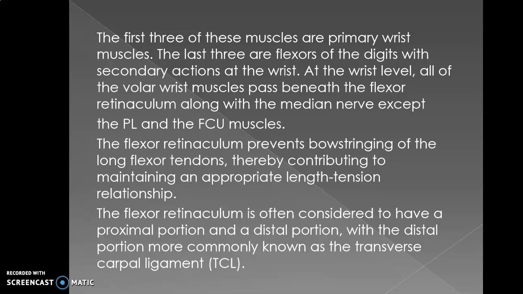The flexor retinaculum is often considered to have a proximal portion and a distal portion, with the distal portion more commonly known as the transverse carpal ligament. The distal most portion lies in the row of distal carpal bones, so it is otherwise called the transverse carpal ligament. The distal border of the flexor retinaculum is called the transverse carpal ligamentous border.